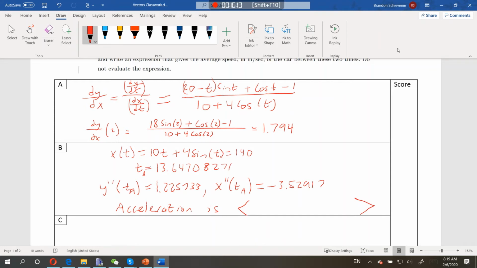So my x is negative 3.529, and my y is 1.225. This should go 1.226 to match the other one. Okay, cool. Any questions on A or B? Nope.